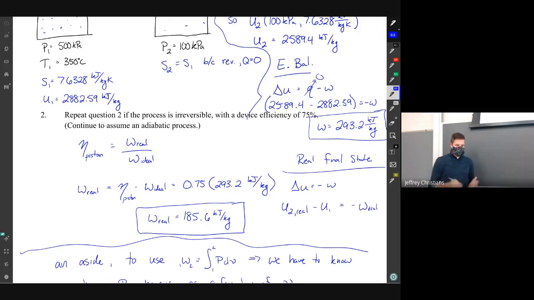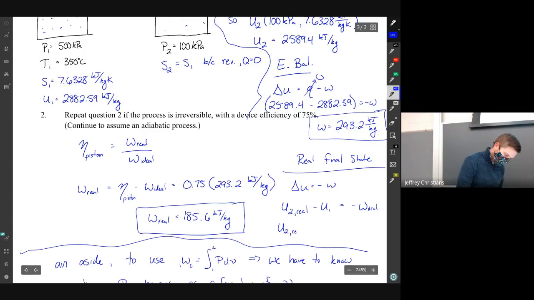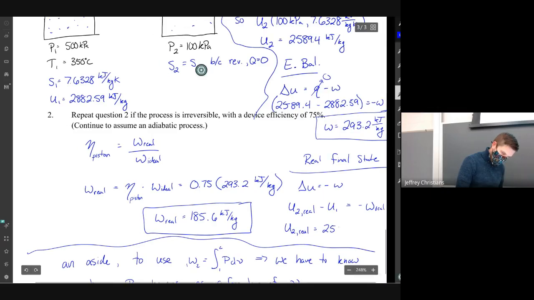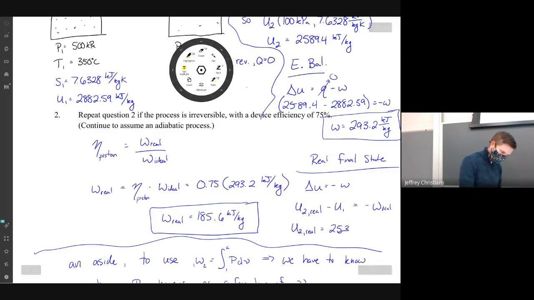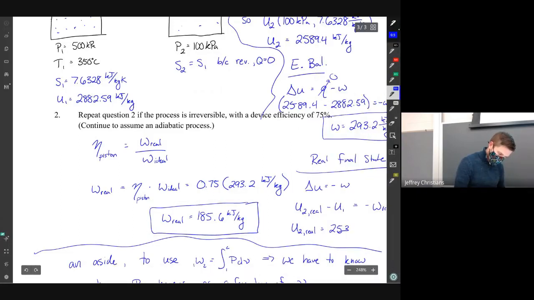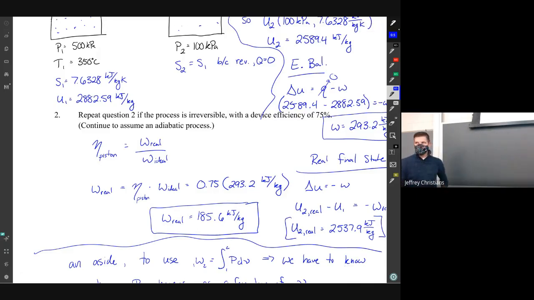And we could find the real U2 equals 2537.9. We're not asked to do that in this specific problem, but we could, and we would do it the same way that we did for a control volume.